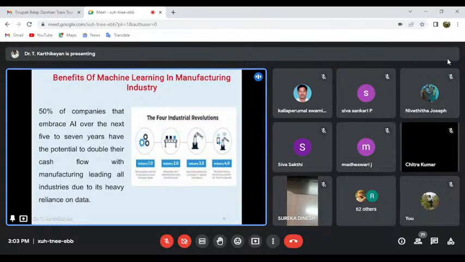When you apply machine learning in these industries, it will also give you a lot of new ideas and business opportunities. Today, manufacturers want to know how machine learning can help solve their specific business problems.